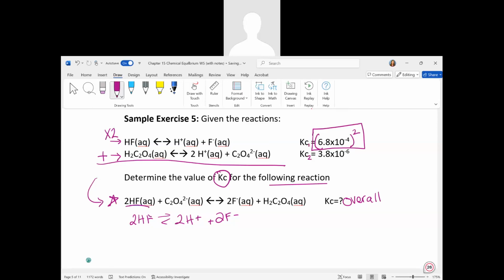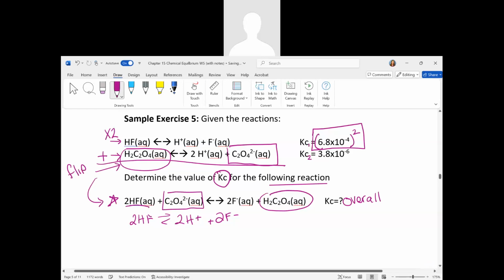Let's take a look at our second step here. I notice that this reactant is actually a product, and my product here that I'll box in is a reactant over here. That means that I'm going to have to flip this second reaction, and then I would take the inverse of this Kc value.